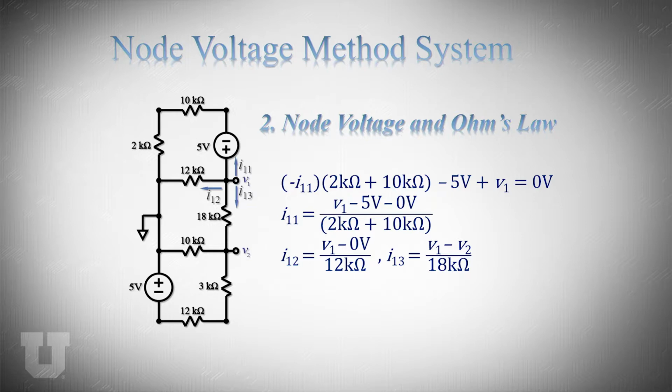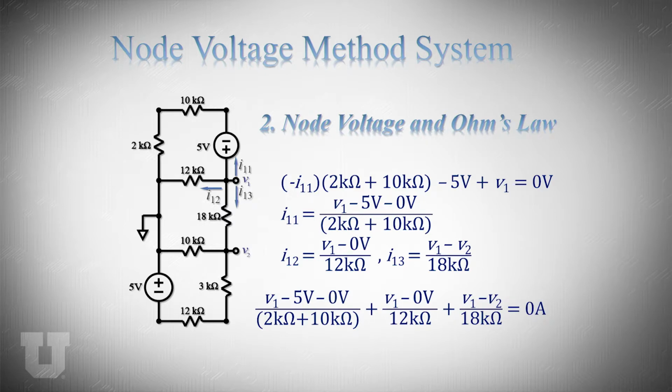Remember, we are not passing the second node, so we are not passing V2 and we stay there. This is for the V1 node. We substitute the currents in the KCL equation with their equivalents that we calculated just now, and all of them should be equal to 0. This is the equation for the V1 node.